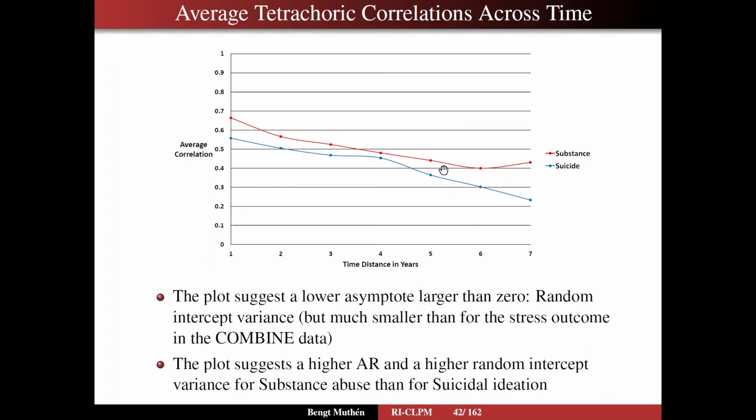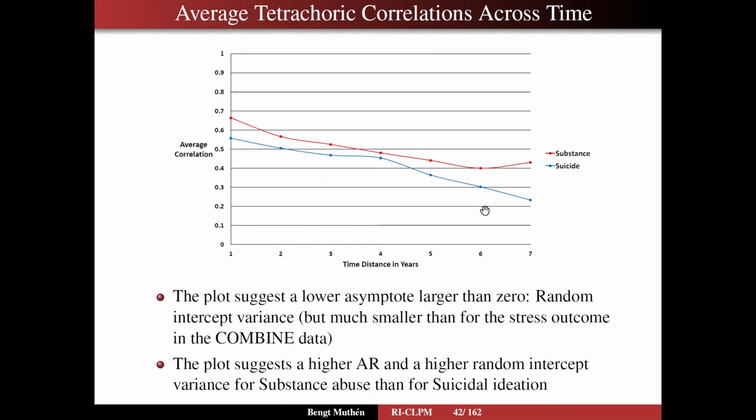And at the end here we see that substance use ends higher at about 0.4, although the last time point is unreliable since it only relies on one correlation, whereas there are several of them at earlier stages.